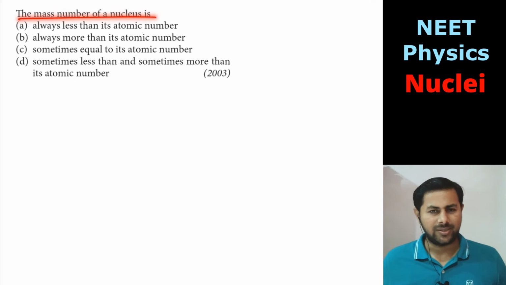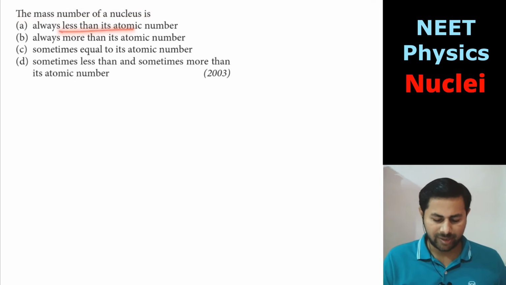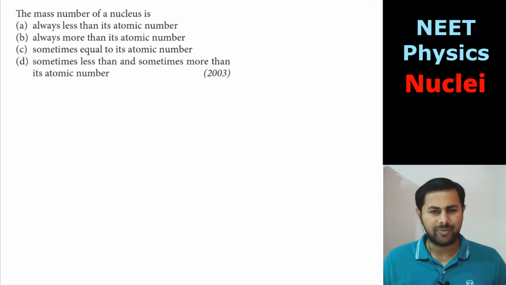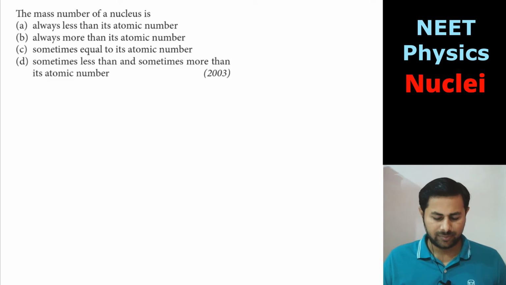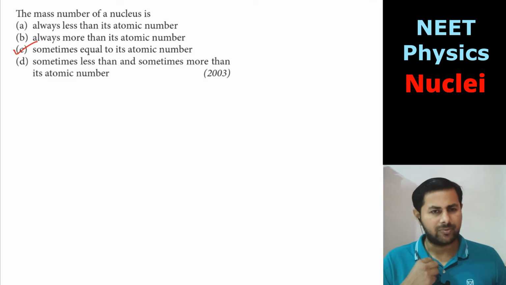The mass number of a nucleus is always less than its atomic number, always more than its atomic number, sometimes equal to atomic number, or sometimes less than and sometimes more than its atomic number. Tell me. It's option C, sometimes equal to the atomic number. In what case is it equal?